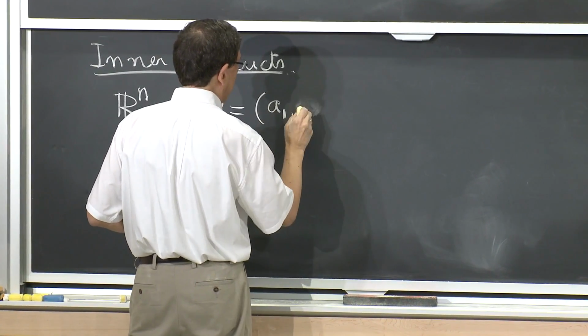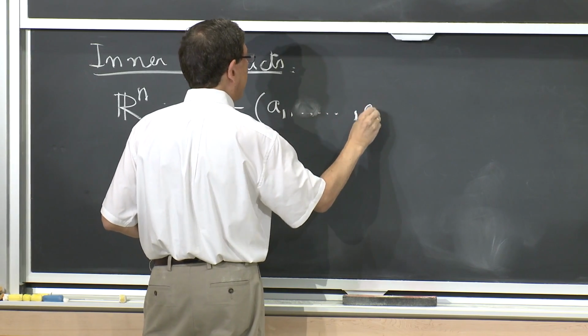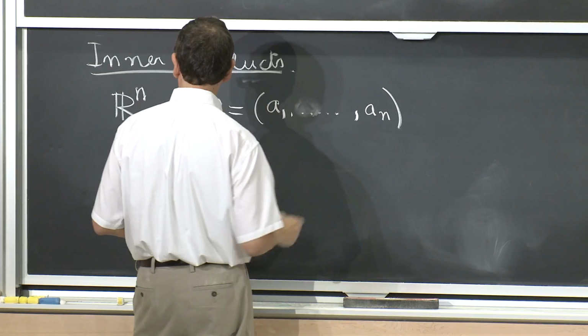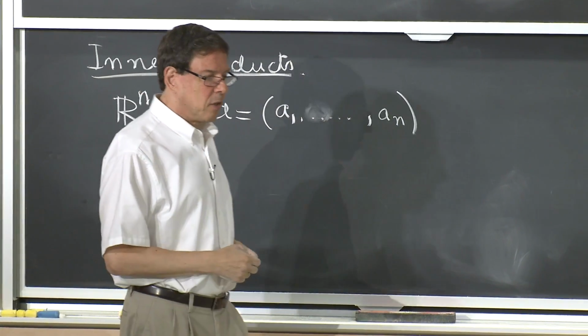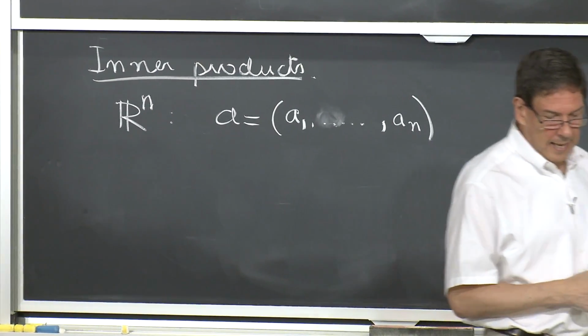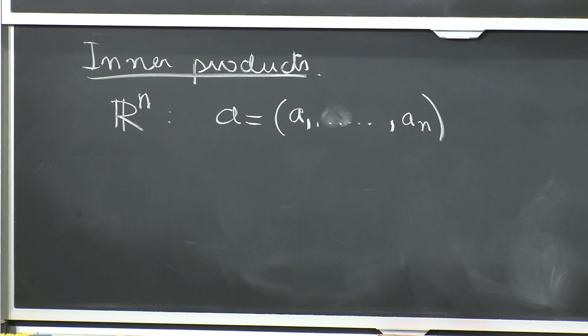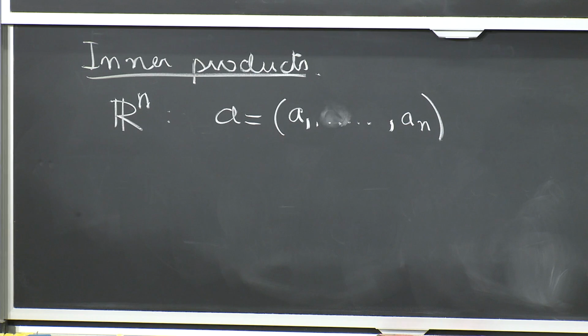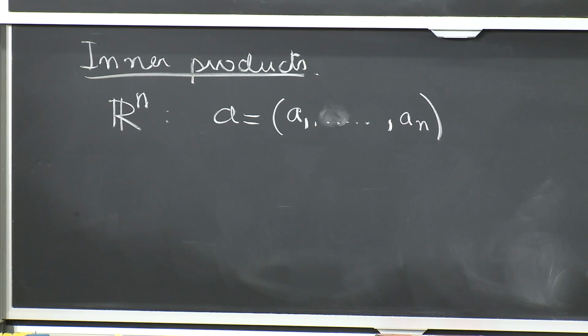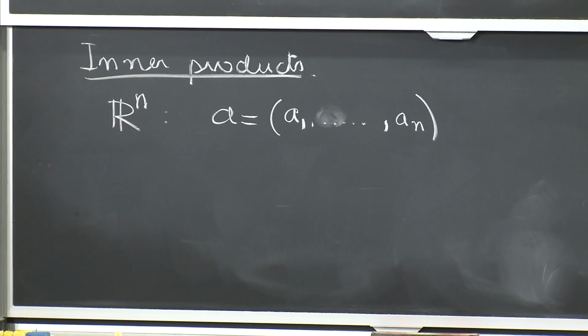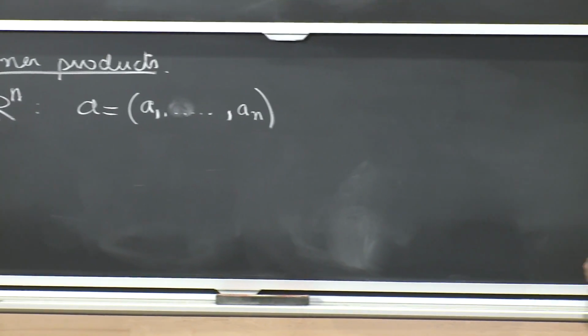A1, A2 up to An. So this is your vector. And if you remember your intuition from ordinary geometry, the length of a three-dimensional vector is the square root of the squares of the components.